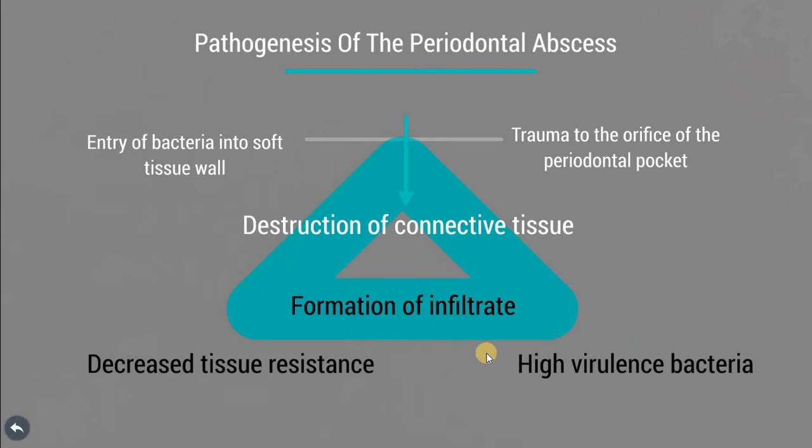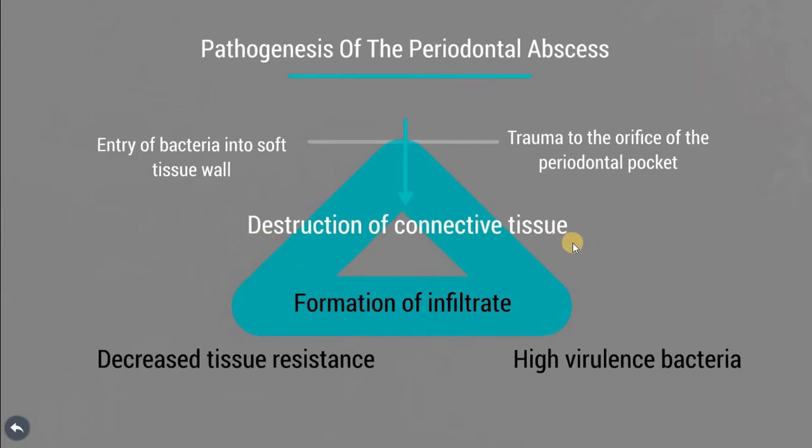So the aggregation of bacteria with local irritants, with decreased tissue resistance like in the case of a diabetic patient, and the presence of highly virulent gram-negative bacteria, will lead to formation of inflammatory infiltrate and destruction of connective tissue.